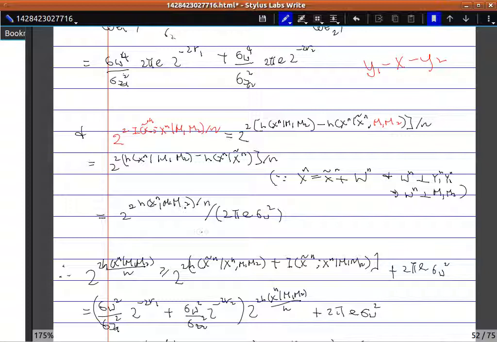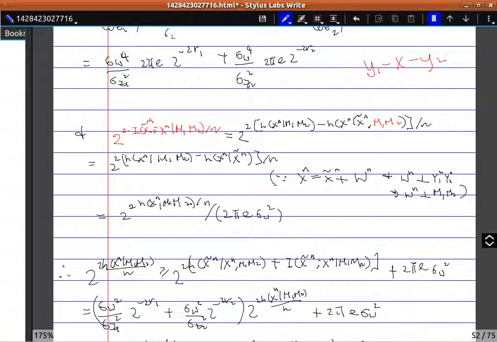This is a similar argument as we did before. And so this term then, x^n given x tilde, is actually just 1/2 log 2 pi e sigma w squared, right? So therefore this, if we take 2 to the 2, we get this 2 pi e sigma w squared, and then we have only this term left.